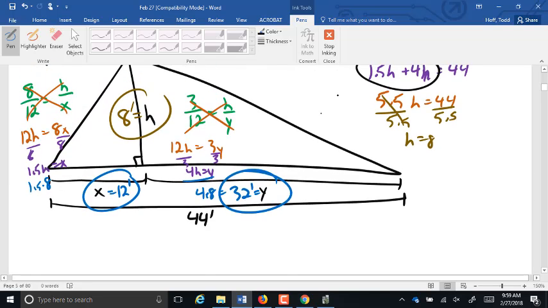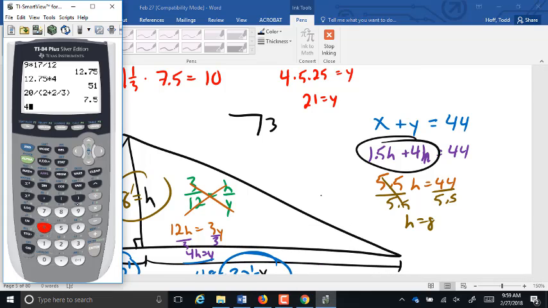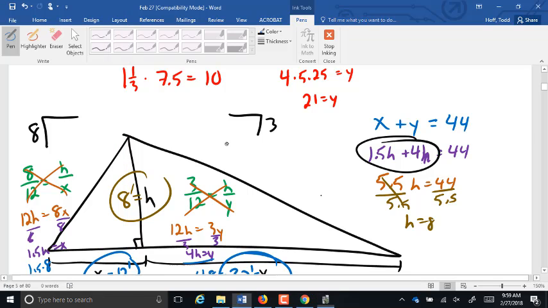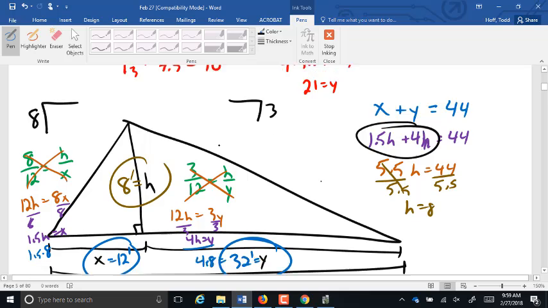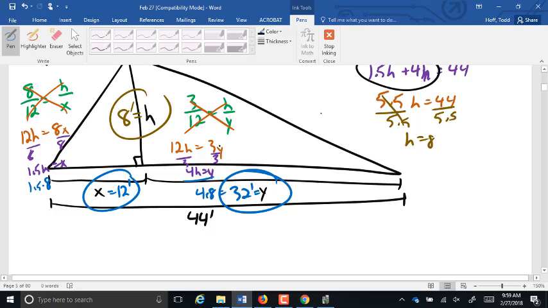Okay, so, by the way, if that was a 6 instead of a 3, that ends up being a 2h, so that ends up being 3.5. 44 divided by 3.5 gives you 12.57142857143. That's h. So it's basically like 25 and 19 feet, somewhere there.